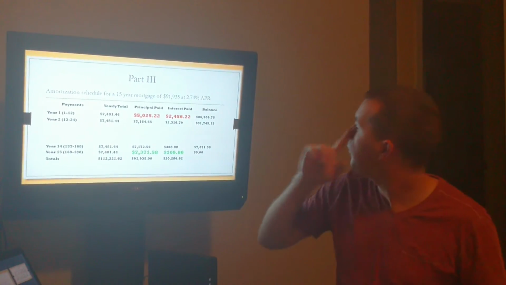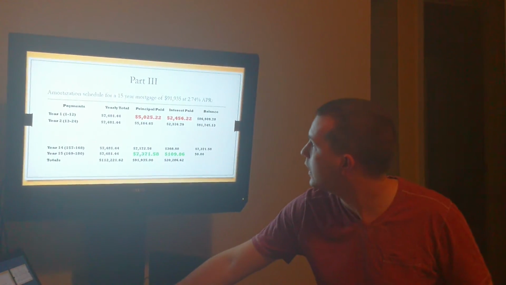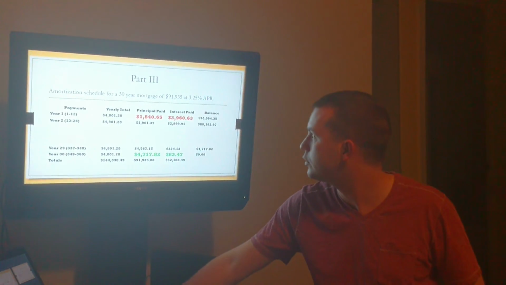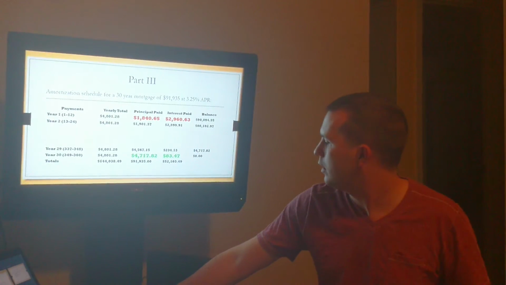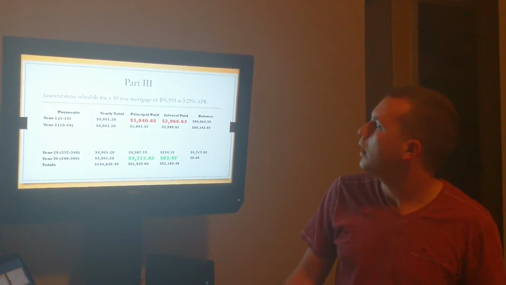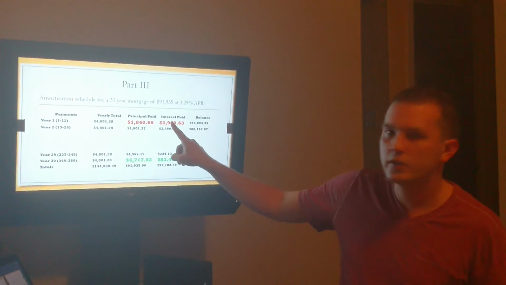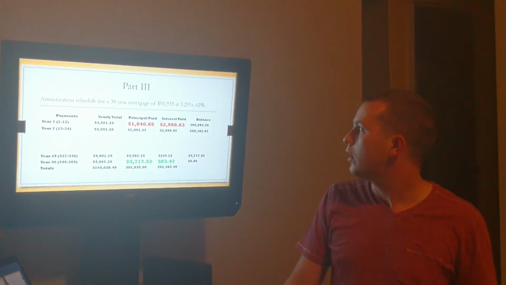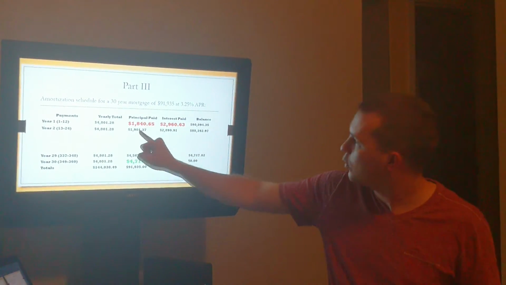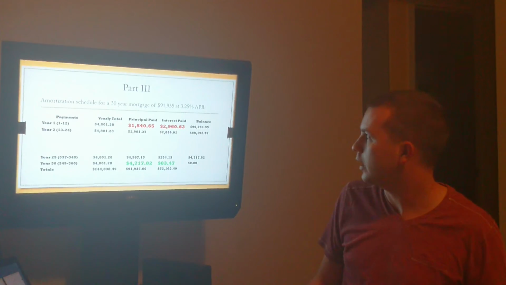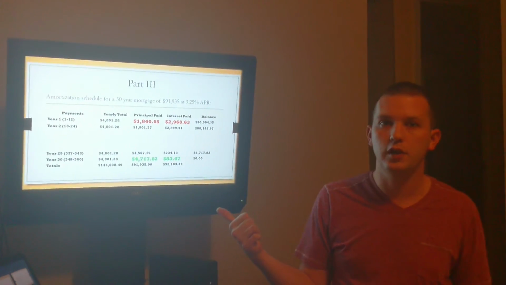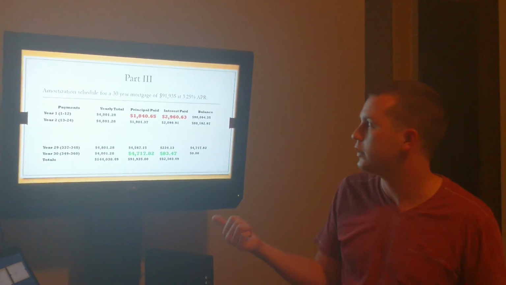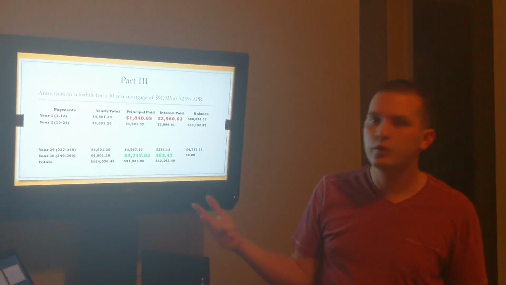So we'll compare this now to the 30-year mortgage. Oops, too far. Here you can see that the interest for the first year is not quite twice the principal. So for a 15-year mortgage, about 1/3 of your payment was interest, and 2/3 was principal.